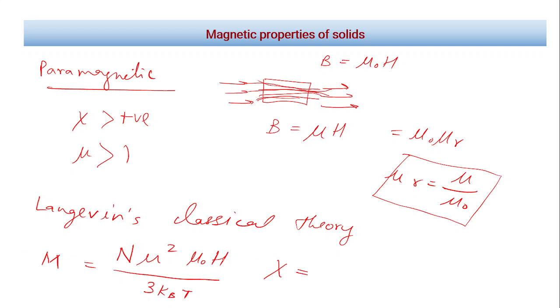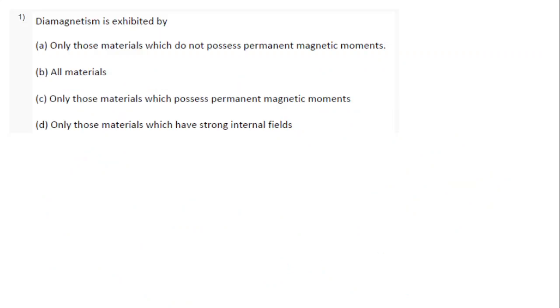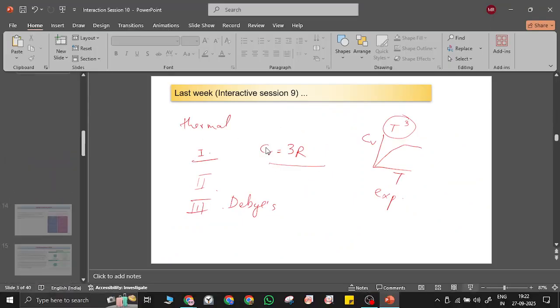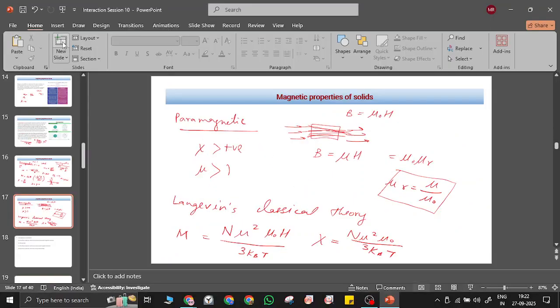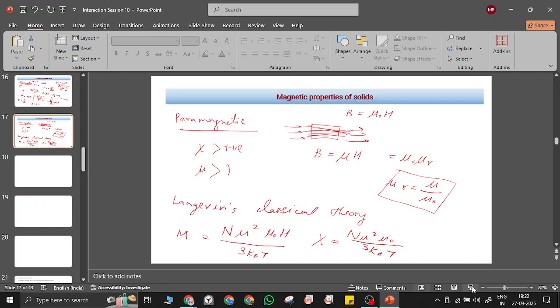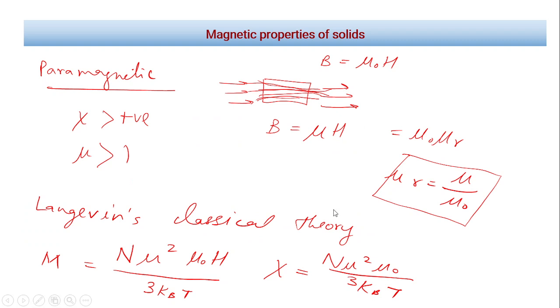So chi is M by H, so the expression will be N mu squared mu naught divided by 3 kBT. So we can see the susceptibility for paramagnetic materials does depend on temperature.